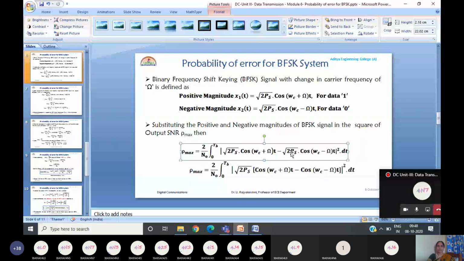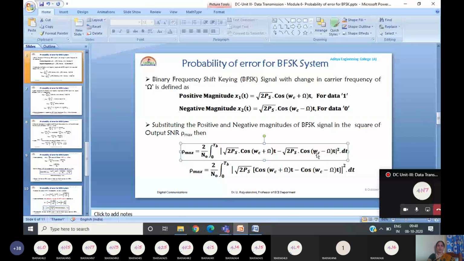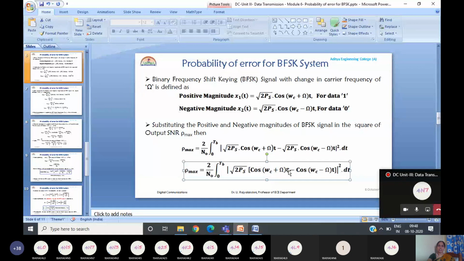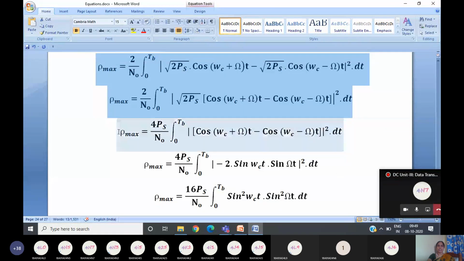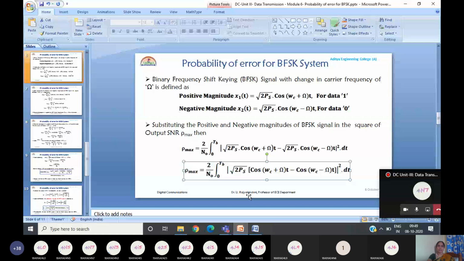Okay, you can see here. Take root 2 Ps outside the square so that root and square get cancelled, and finally you can take that root 2 Ps outside and 2 by N naught multiplied by 2 Ps.